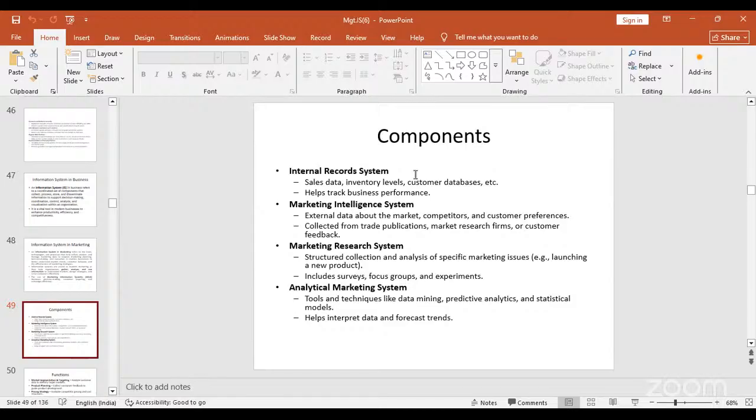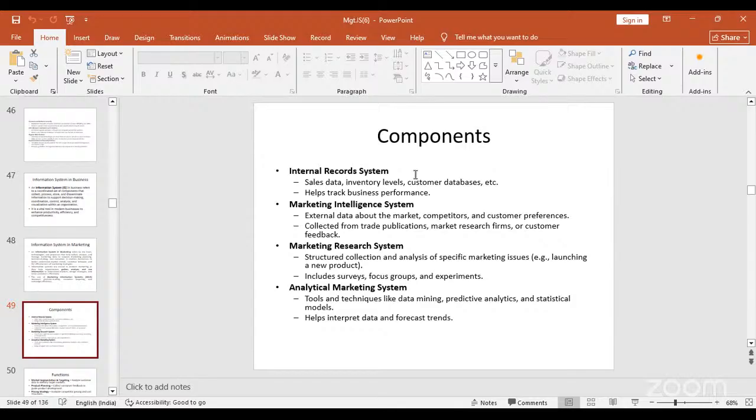So the market research system includes surveys, for example the doctor always prescribes Cipla, but we have to push that our product should be prescribed by the doctor. That is, they will survey, including surveys in the market, focus groups and experiments.